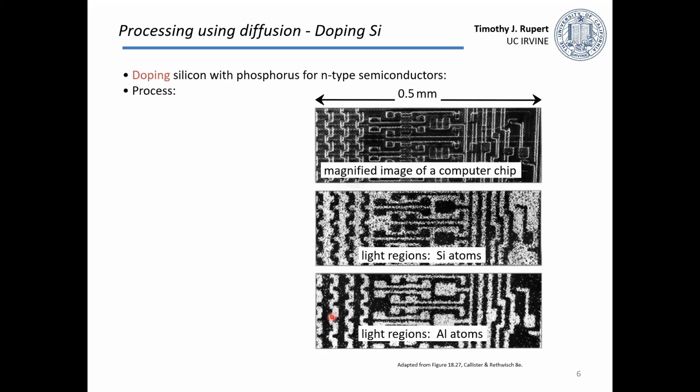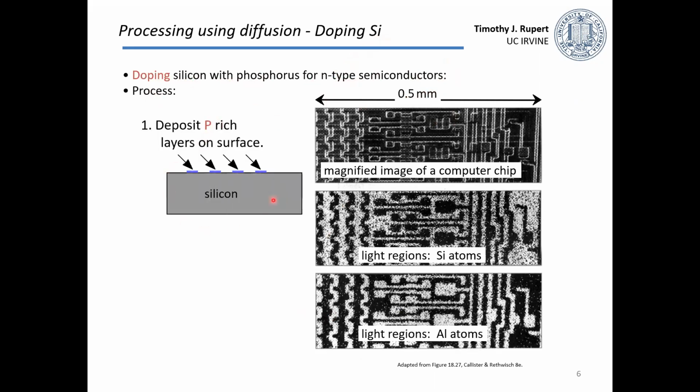You can see the more high-tech applications as well. A common one is in computer chips and things like that. So for example, we make these chips by taking silicon and doping with different materials. And if you dope with phosphorus, you'll end up with an N-type semiconductor. And we'll talk about electronic properties later. But the basic idea is you take your silicon wafer, you deposit phosphorus in these regions or layers where you want it.